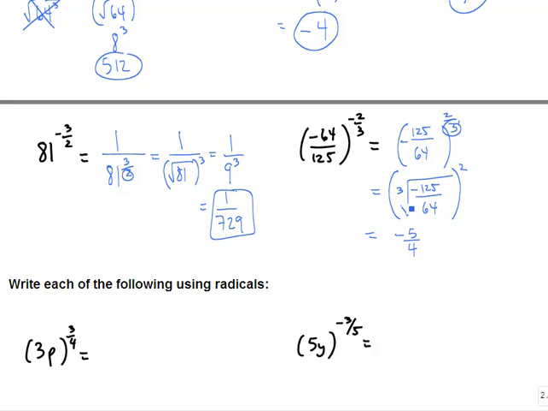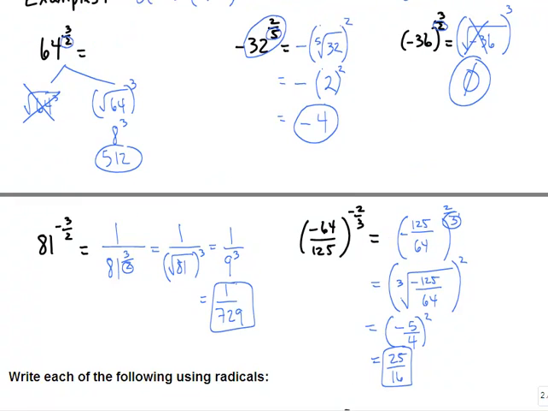So the cube root of negative 125 over 64 is negative 5/4, but we still need to square that answer. So our final answer, when you square a negative, it goes away. The 5 squared becomes 25, and 4 squared becomes 16.